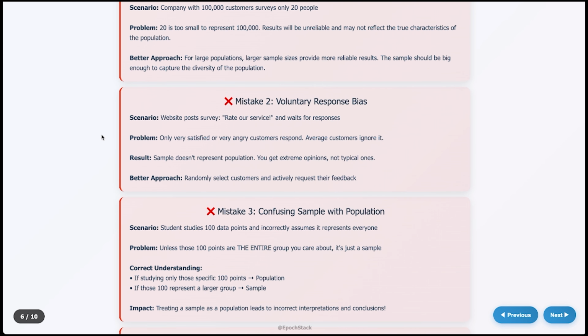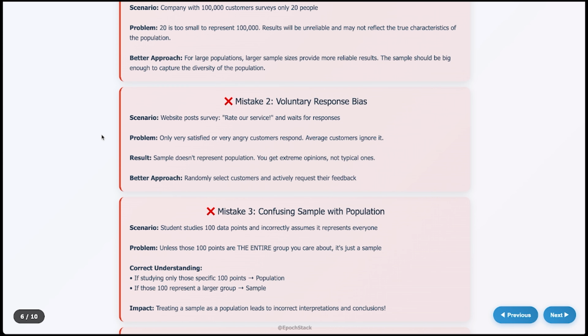Now coming to the third mistake, that is confusing the sample with the population. For example, a student studies 100 data points and incorrectly assumes it represents everyone. The student considers these 100 data points as population data. The problem is that unless those 100 points are the entire group you care about, it is just a sample.